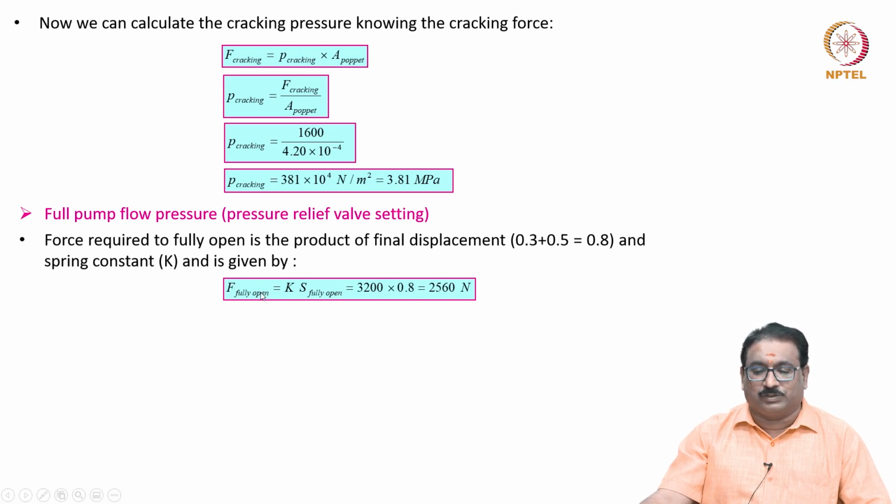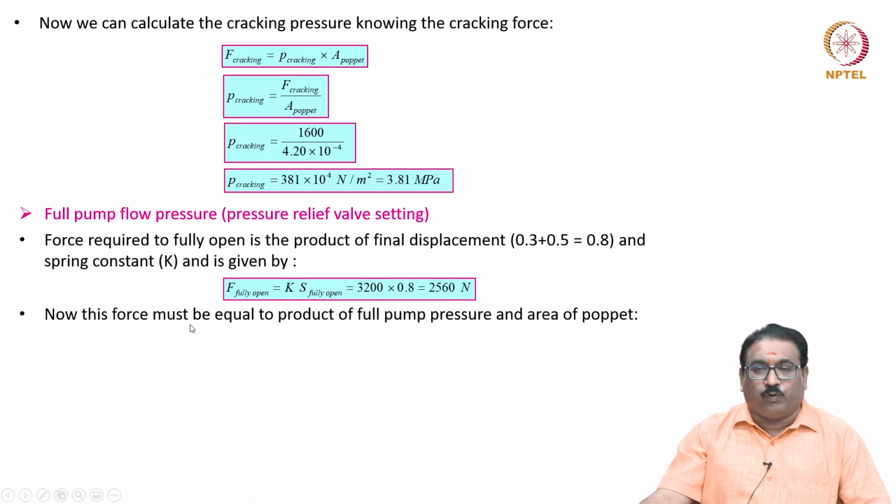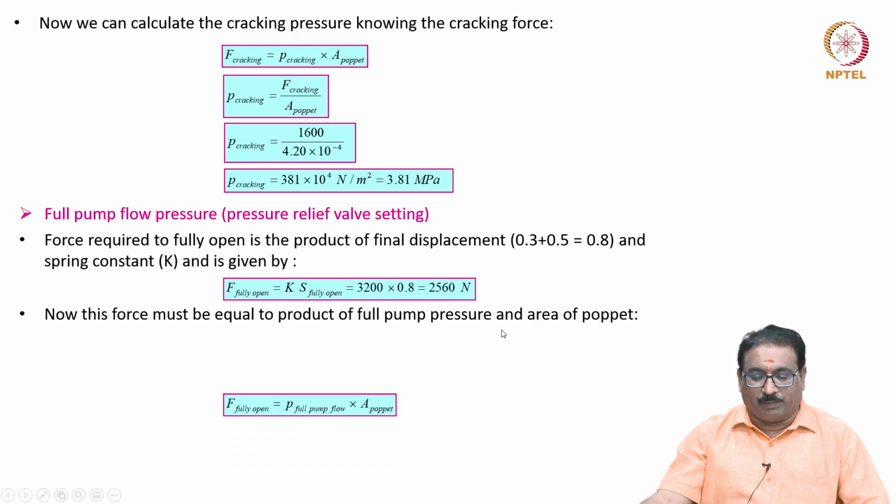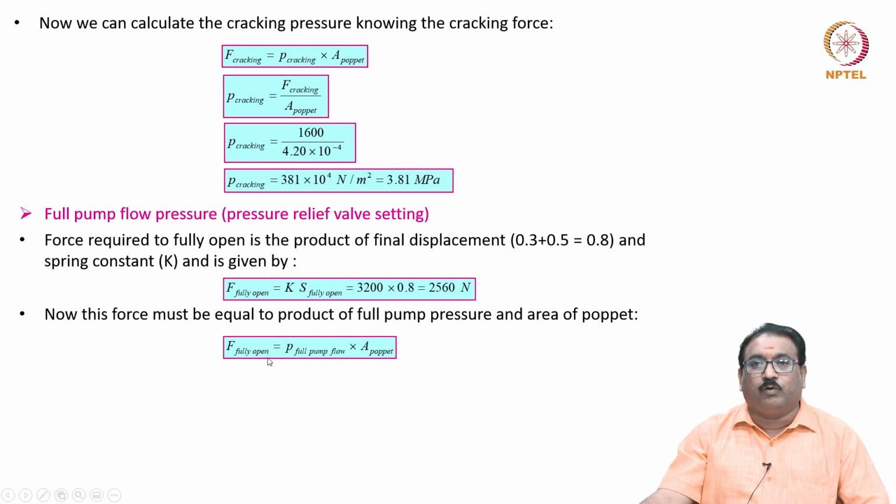Fully opening the force is K into S fully open, correct, meaning 2560. Now, this force must be equal to the product of full pump resistance and the area of the poppet, meaning F fully open equal to P full open into area of the poppet.